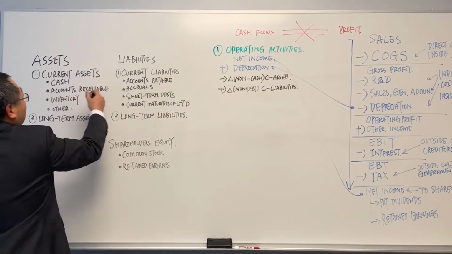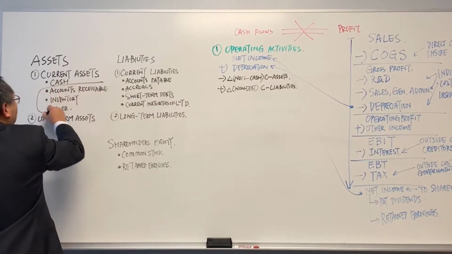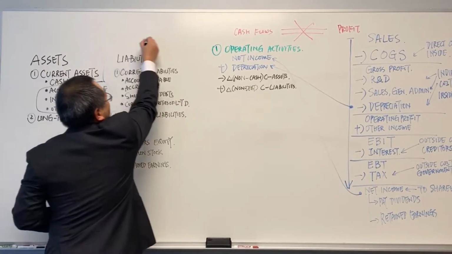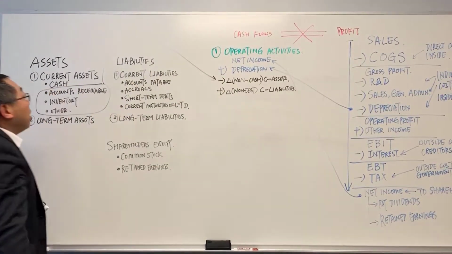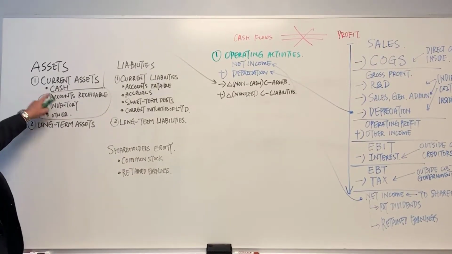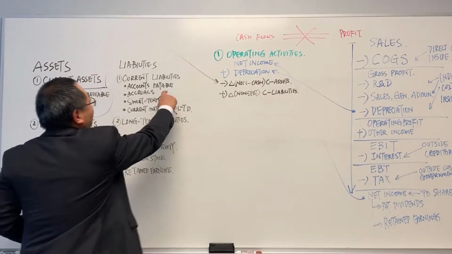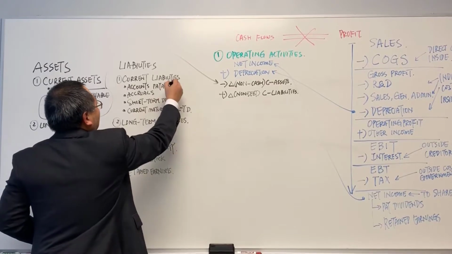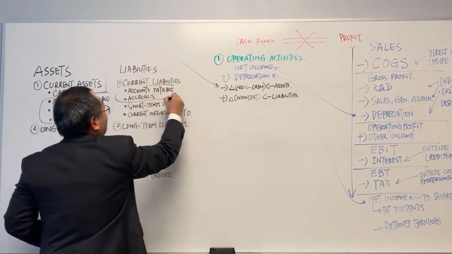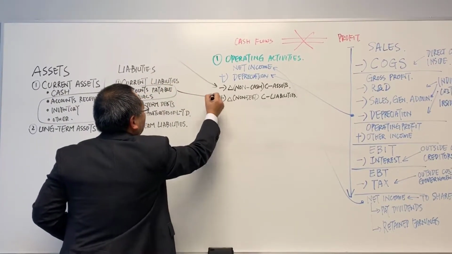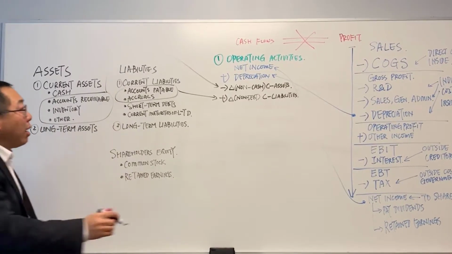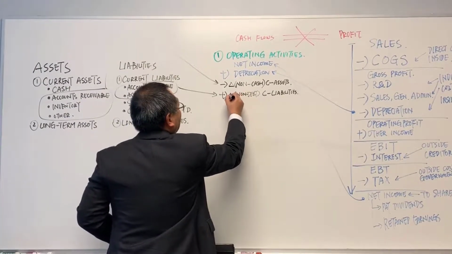So from the balance sheet, changes in the current asset part, non-cash, will be put in here. From the current liabilities, the non-debt ones will be put into here. And why do we have the change in here?